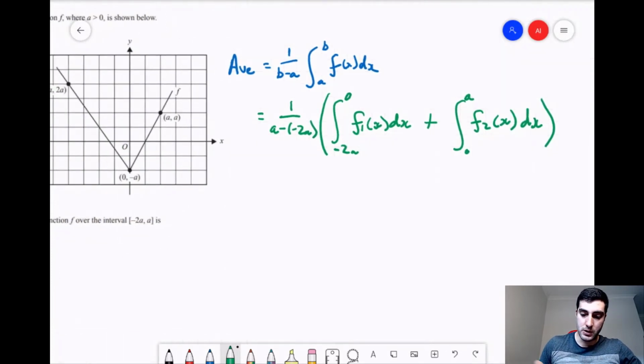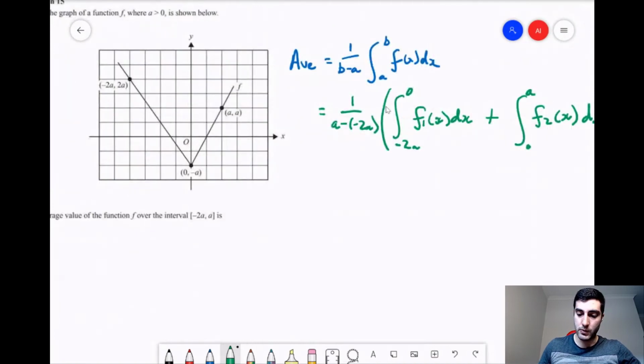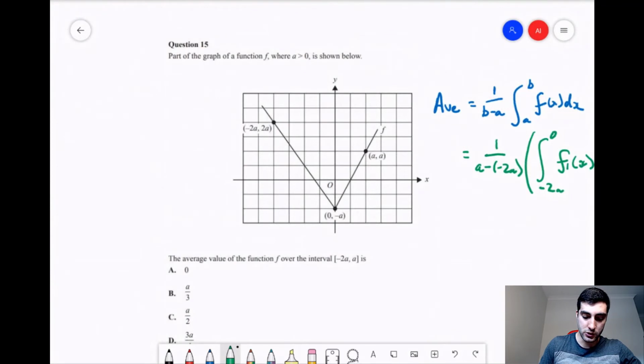Great. So obviously we'll need to work out what this function f1 of x is and f2 of x, and that should be relatively straightforward. If we look at this function f1 of x, we can see that the gradient would be, we're going down by 3a and across by 2a.